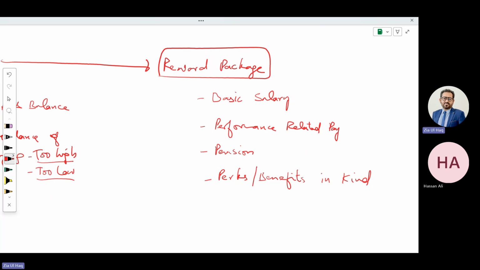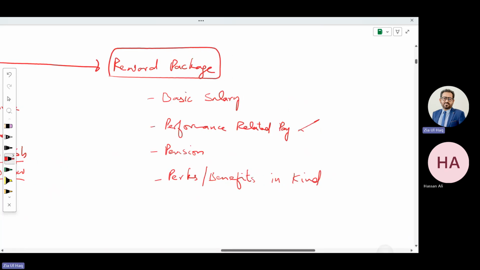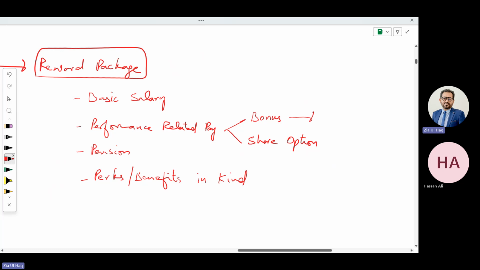There should be performance related pay. And there are two types of performance related pay: bonus and share option. Bonus, the company pays in cash form against short-term targets.